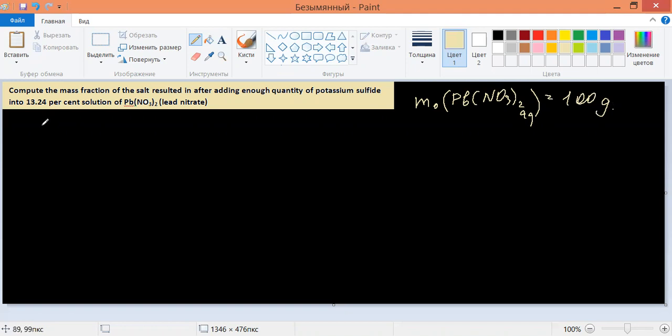We now know that the mass of the lead nitrate is 100 times 0.1324, that means 13.24 grams, right? Okay.